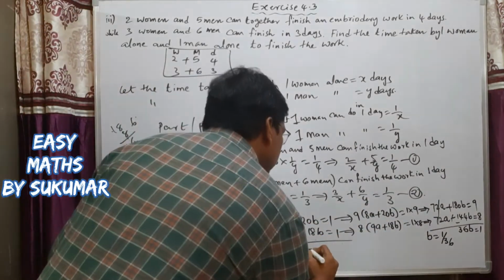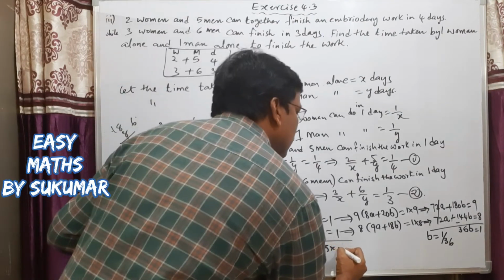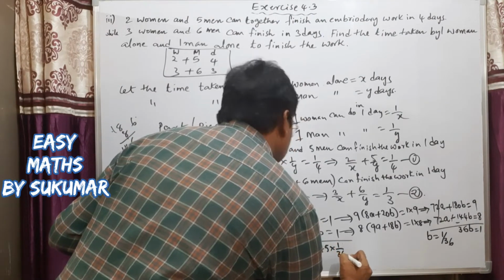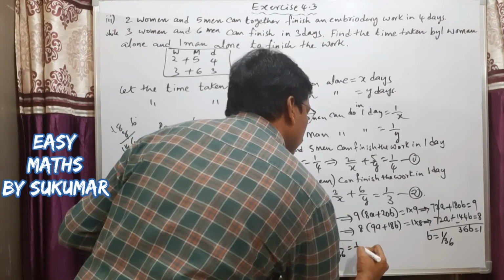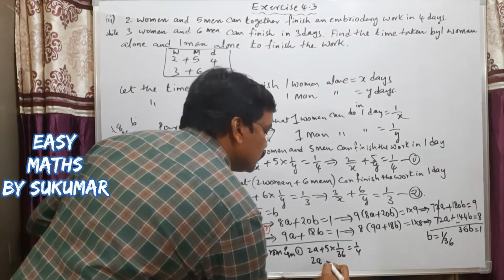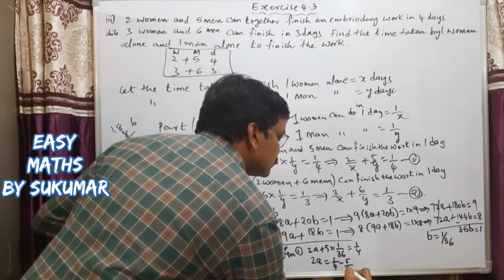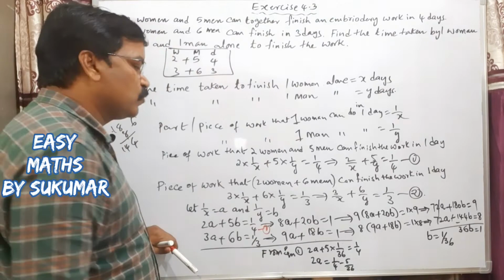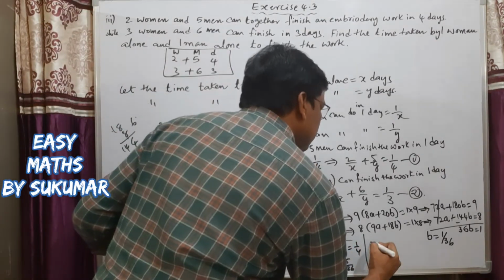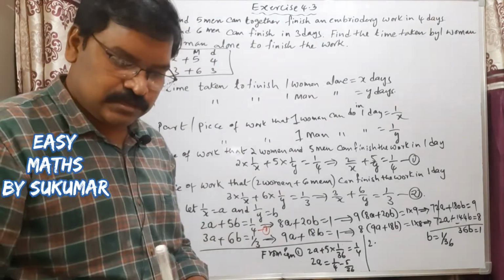That means 2a plus 5 into 1 by 36 is equal to 1 by 4. So 2a is equal to 1 by 4 minus 5 by 36.